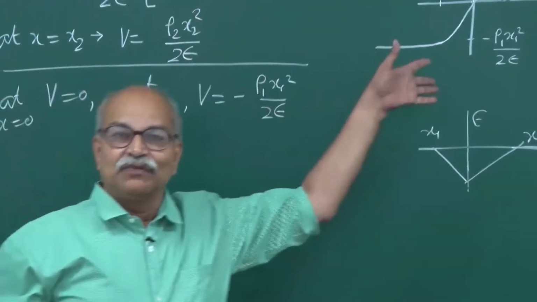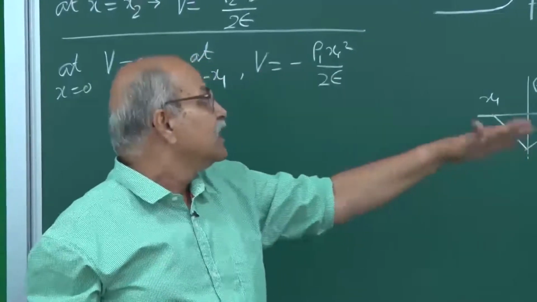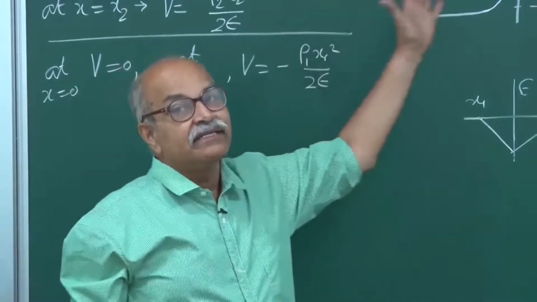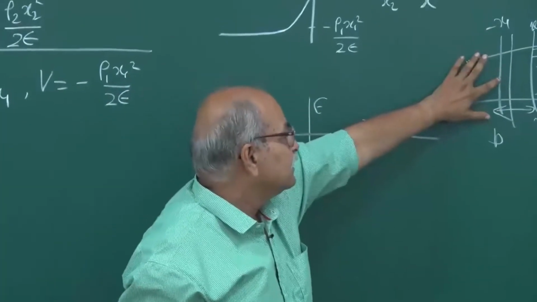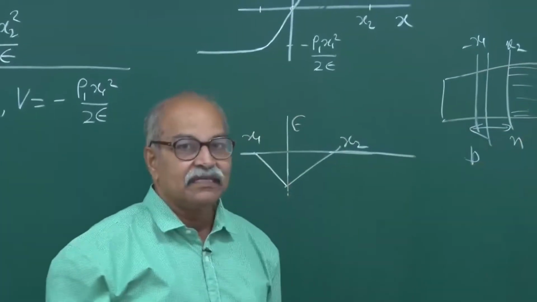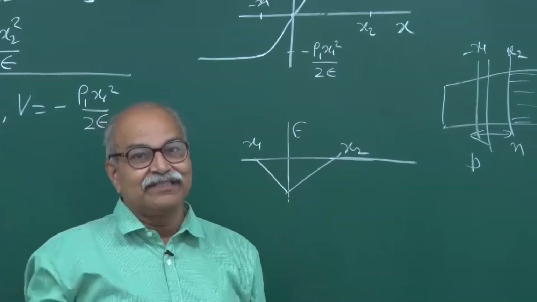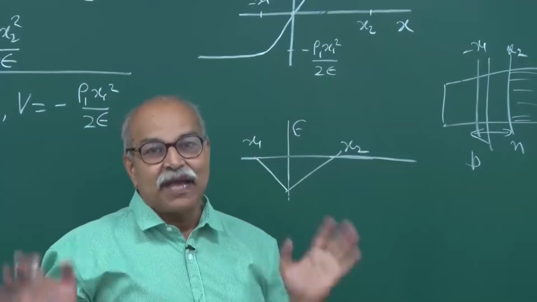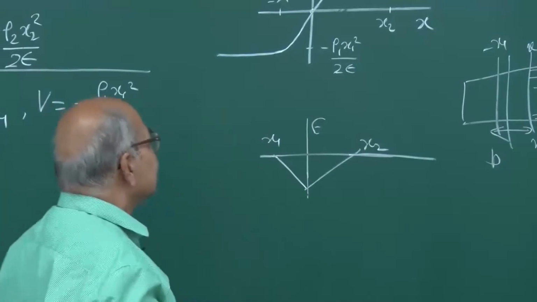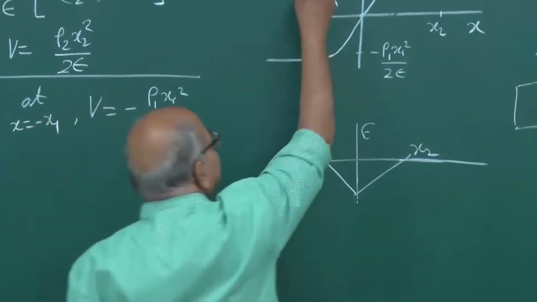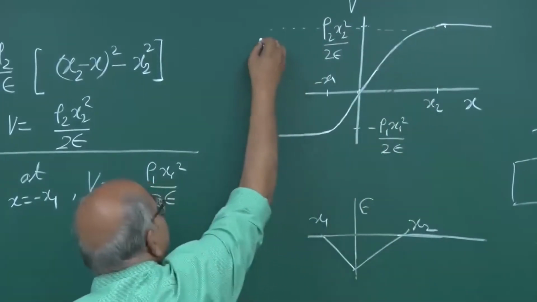So that's the kind of potential variation across this junction as you go from p side to n side. So this is at a lower potential, this is at a higher potential. There is a built-in potential inside this material. No batteries, nothing, but there is a built-in potential difference here. And this difference is known as the potential barrier.